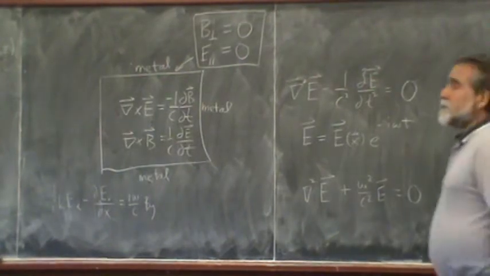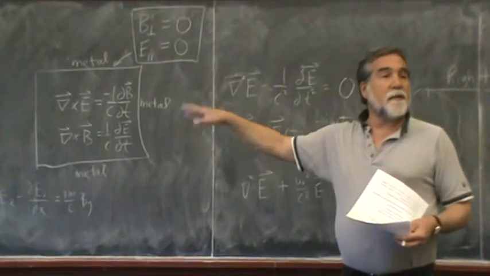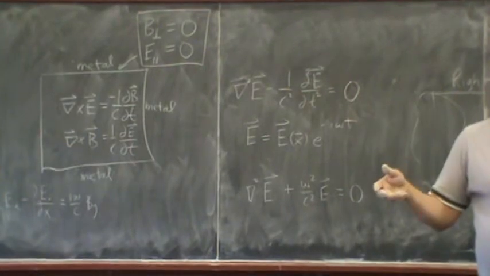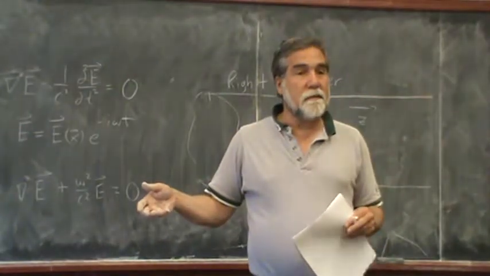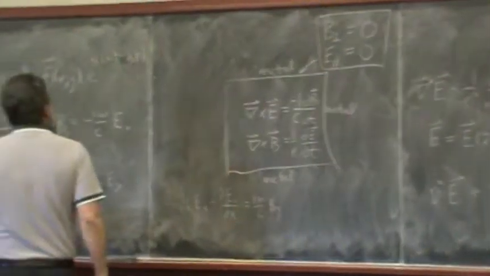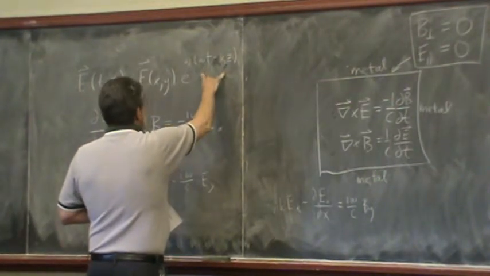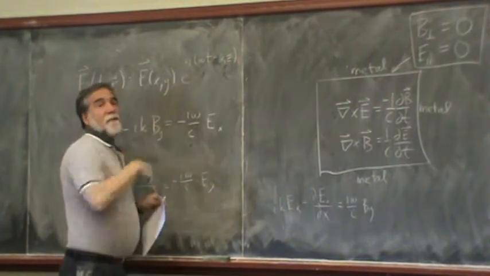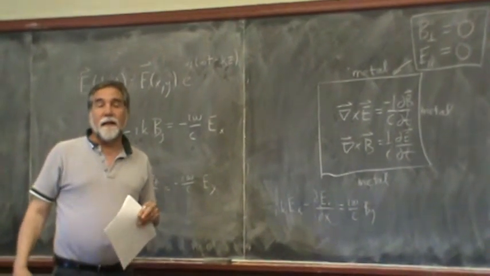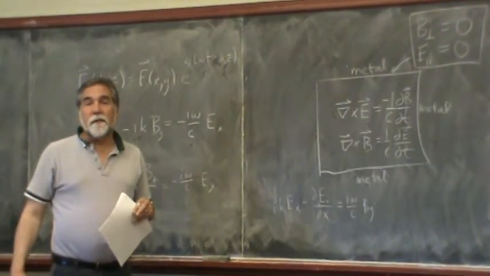But what we're going to do is solve for the other components, the x and the y components, in terms of the electric and magnetic fields pointing along the z direction. So yes, indeed, even though nominally the wave is propagating along the z direction, there will be magnetic fields along the direction of propagation.